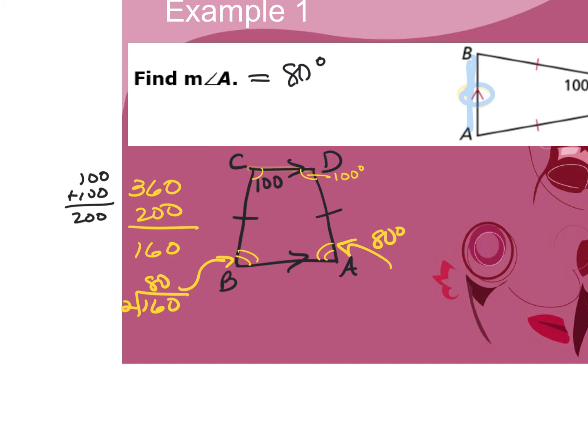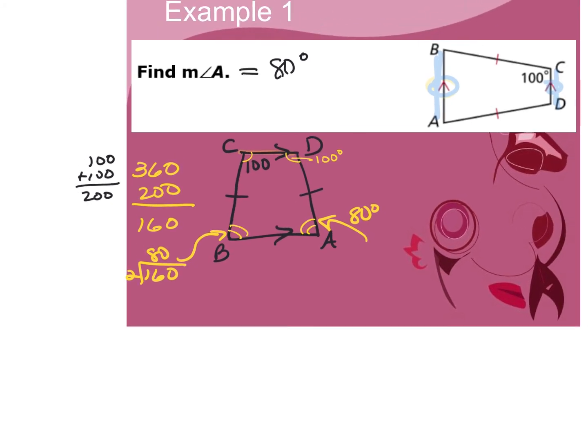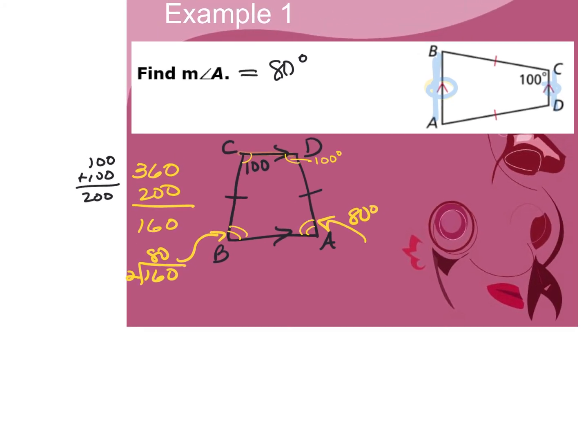Now, the other way that you could do this is realize that since these are parallel sides, you could think of the leg as being a transversal, and angles C and B are consecutive interior or same side interior, and they're supplements.